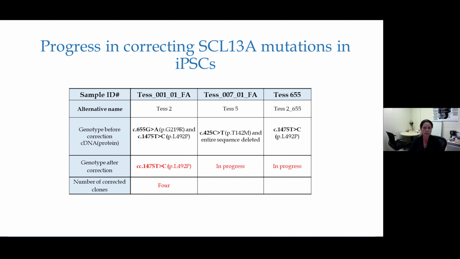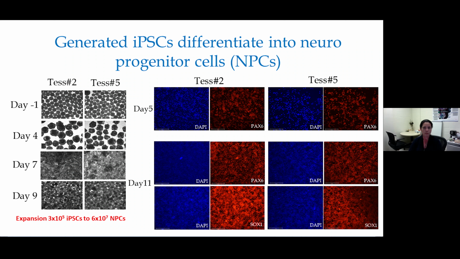Also, in the meantime, every single line that we make, we differentiate into neuroprogenitor cells. We are developing a protocol that allows expansion of, for example, 300,000 iPSCs to several millions of neuroprogenitor cells.